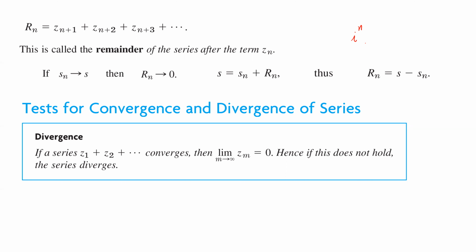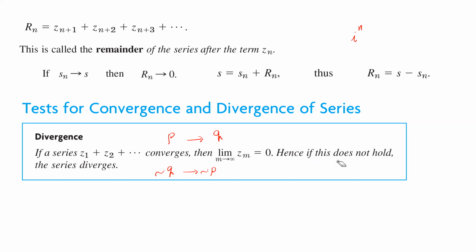So that means this doesn't happen. Therefore, the series is not convergent. If the series is convergent, this has to go to 0. So if this doesn't hold, it means that the series diverges. You see, we say P then Q. That doesn't mean Q then P, but it means not Q then not P. It means if the limit is not 0, then the series diverges, is not convergent.